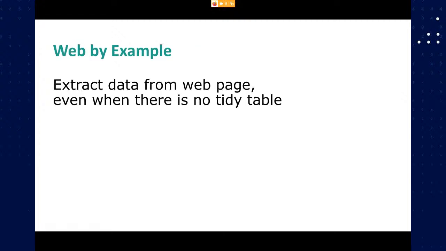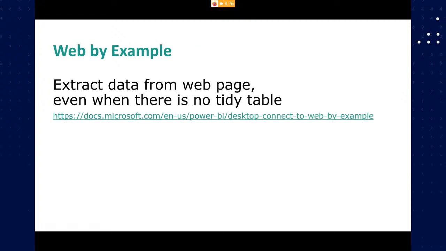And the same is true for web by example. So web scraping, if you want to have a web page as a data source, you can also supply examples, and Power Query will then find those elements on the web page which you are looking for, and then load the whole table for that.